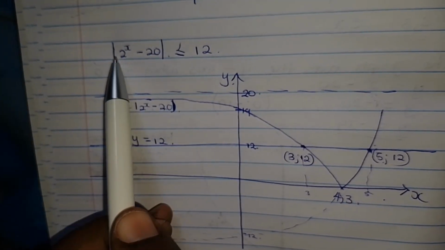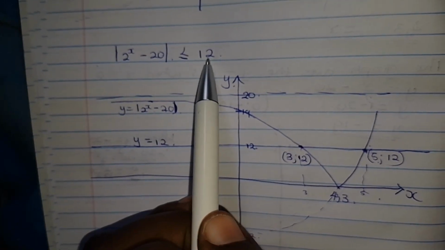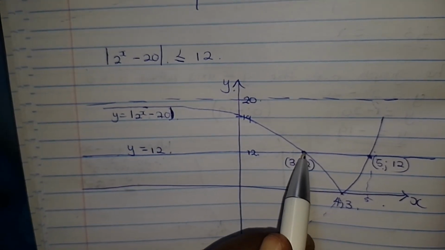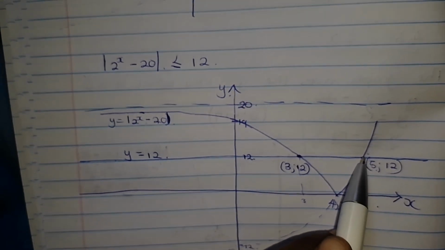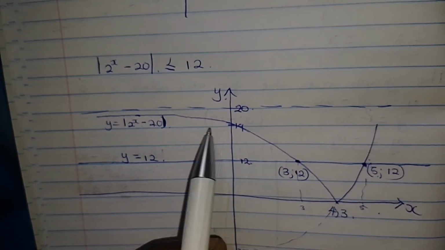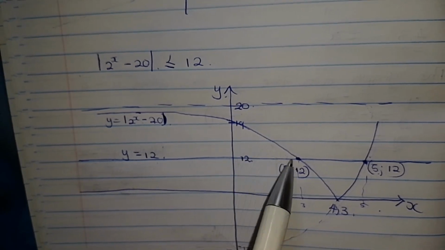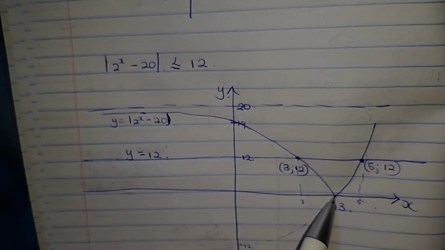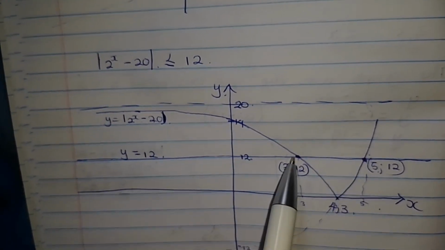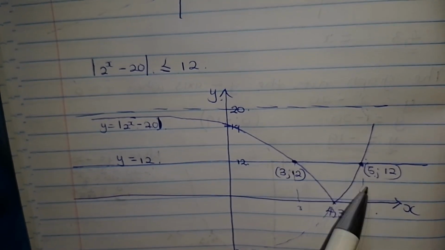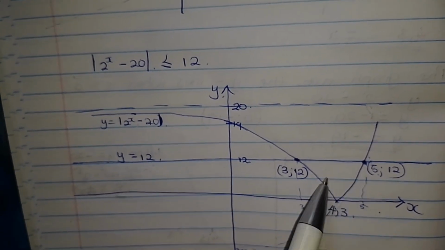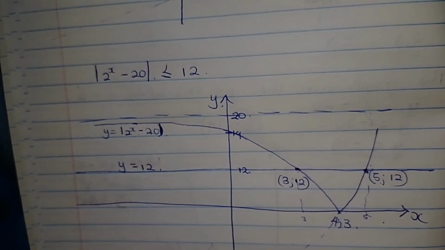This graph is less than this graph from this point up to this point. So our graph of y is equal to modulus of 2 to the power x minus 20 is below this graph from this point to this point. That's when we have this graph being less than the graph of y is equal to 12.